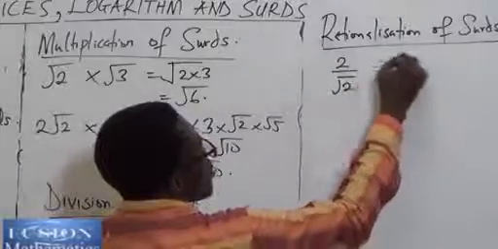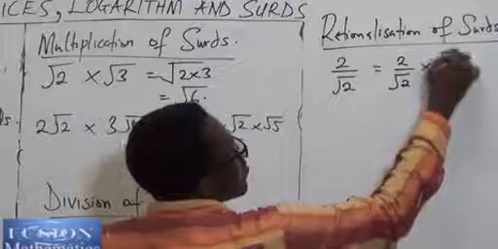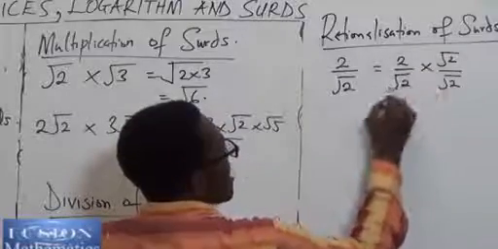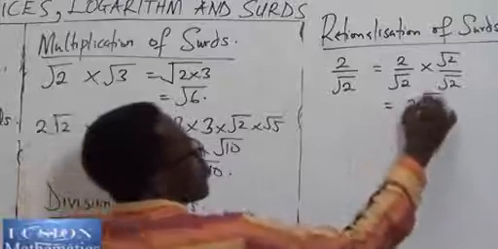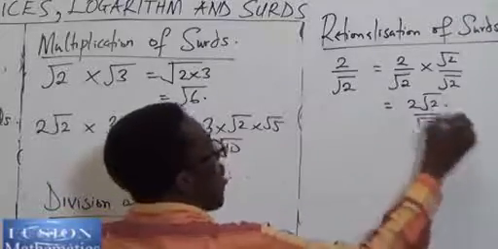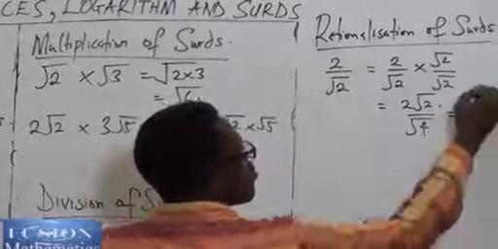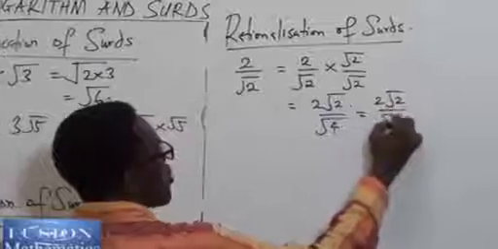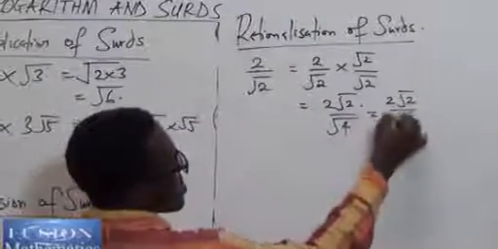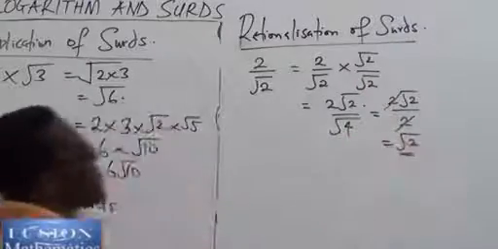So this will give us 2 all over root 2 times root 2 all over root 2. So this multiplied by this will give us 2 root 2. And this multiplied by this will give us root 4, which is equal to 2, because the square root of 4 is 2. This will cancel it out, and we have root 2 as the answer.